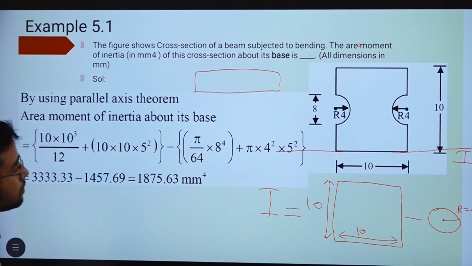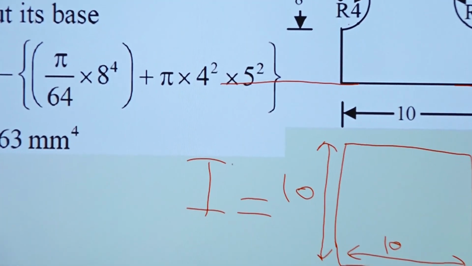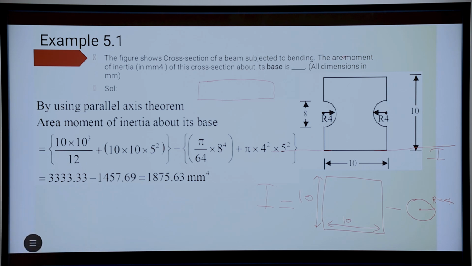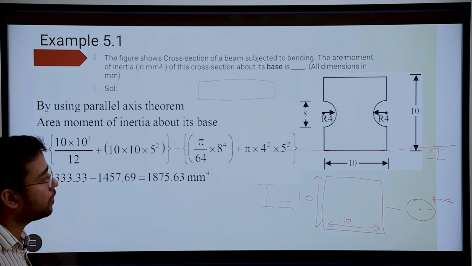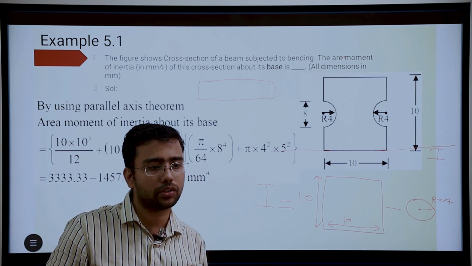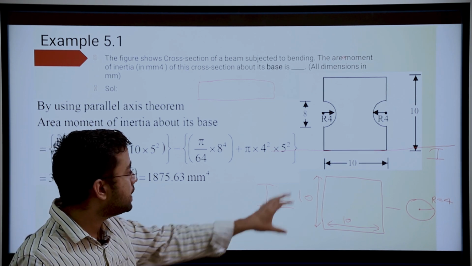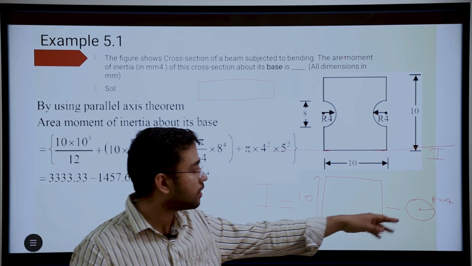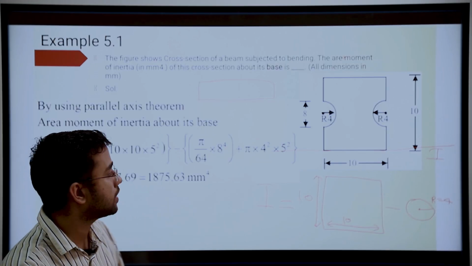Okay. So first we'll find out the area moment of inertia of this rectangle. You have to mug up, you have to remember a lot of area moments of inertia also, right? So what happens in the GATE examination, you cannot always directly derive the area moment of inertia. So for the basic objects like rectangle, square and circle, you should always remember the area moment of inertia.